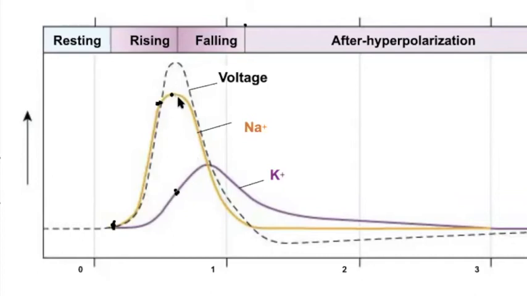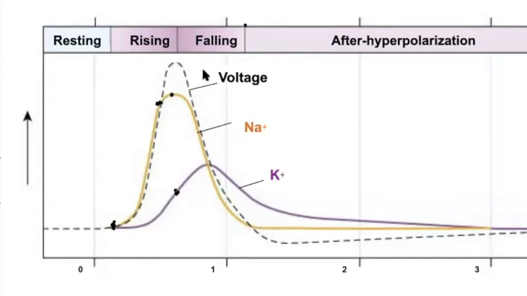As the sodium ions were coming in, it's already starting to go down a little bit. And the dynamics of this, the fact that the potassium channel opens slower and stays open longer, is also going to cause this so-called afterhyperpolarization effect.